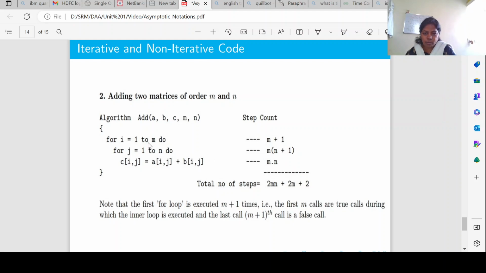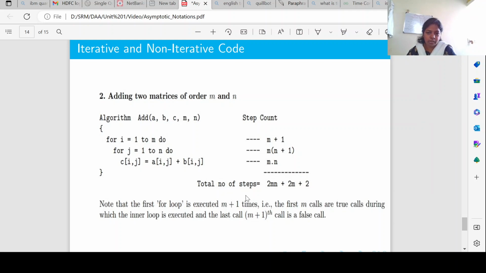We have the outermost for loop also, so this is multiplied with the outermost for loop time: m into n plus 1. And this statement takes mn, because it is within the innermost for loop, so it is multiplied by m cross n. So the total time required for this algorithm is 2mn plus 2m plus 2, right?